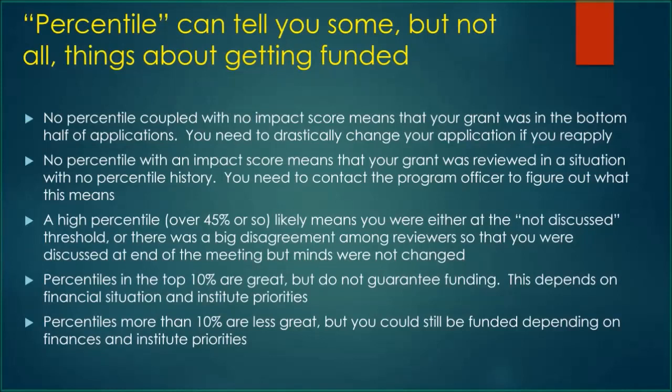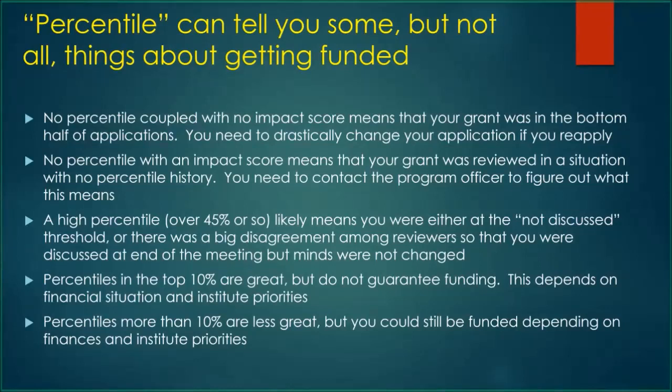So generally, as a first-time investigator for an R grant, if you're in the top 10%, you're likely to be funded. However, back when there was the crash in NIH funding in 2009, I know people who had 5th percentiles who were not funded.